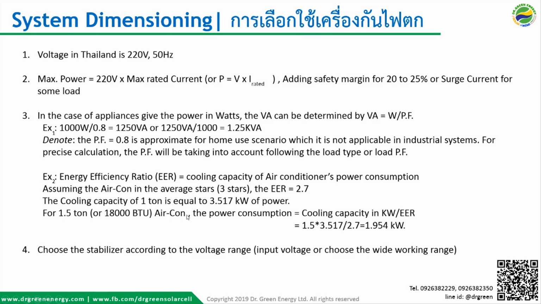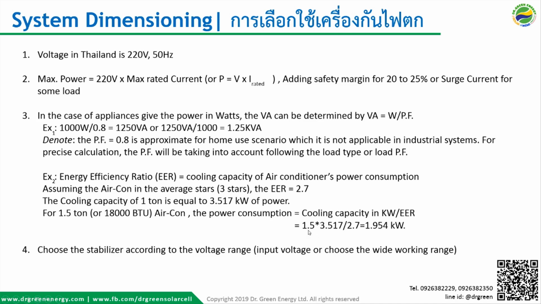The power consumption is equal to the cooling capacity in kilowatt divided by the energy efficiency ratio, or the EER. In this case, I give the example of an air conditioner of 1.5 tons, or about 18,000 BTU.